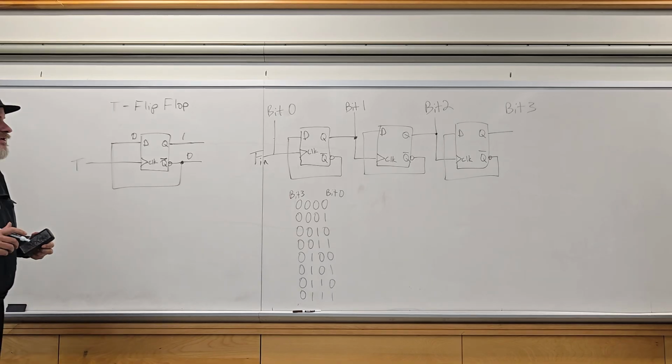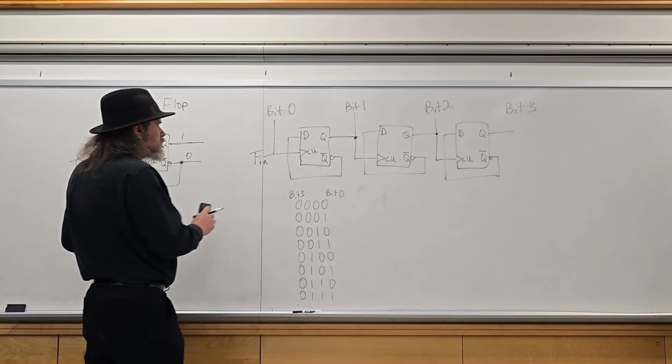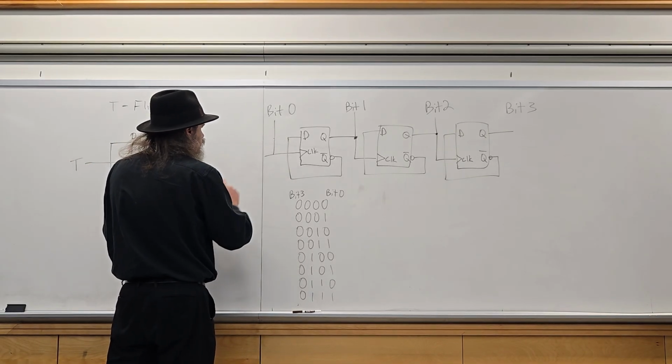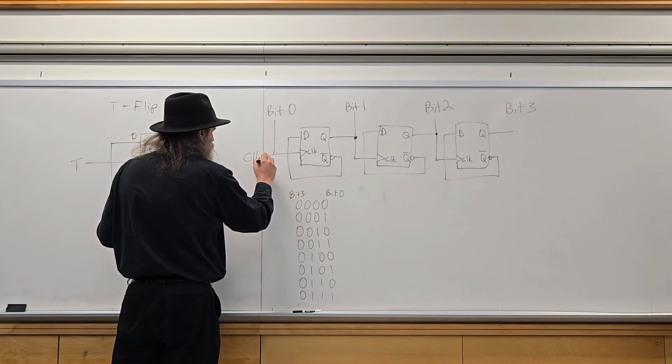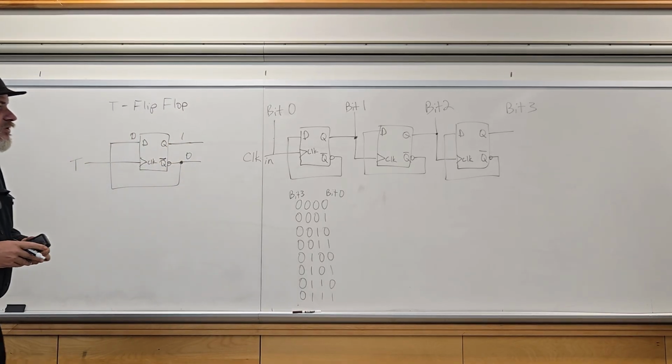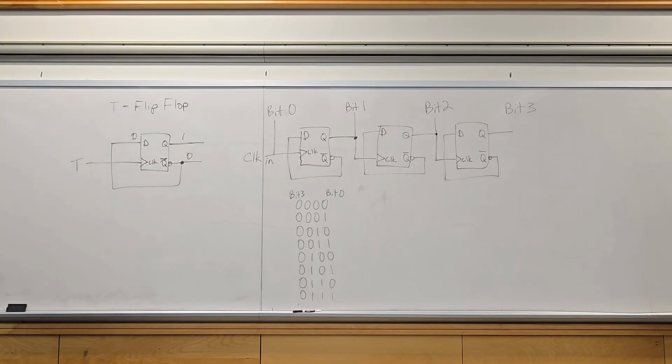So your counter will count up to 2 to the number of stages minus 1, and recycle to 0. This is commonly used in timing circuits. You have a frequency, say, 1 megahertz.